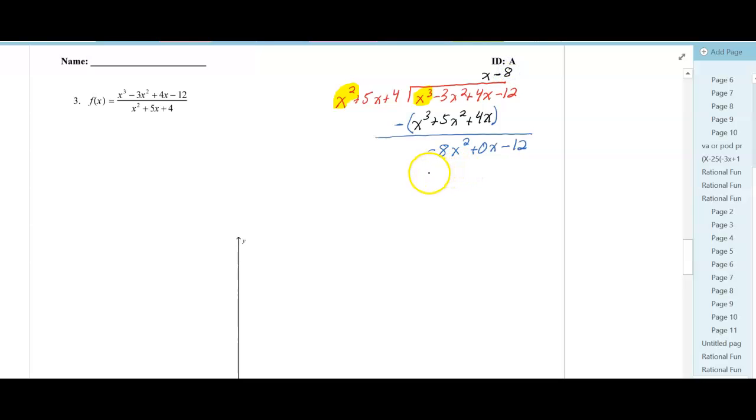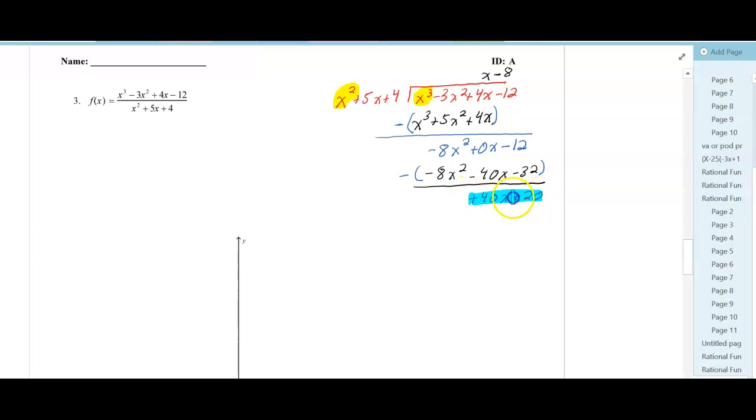So I'm going to multiply again: negative 8x squared minus 40x minus 32. Again, I'm going to subtract. When you subtract, you get 0x squared plus 40x, and then that becomes plus 32, so it's plus 20.